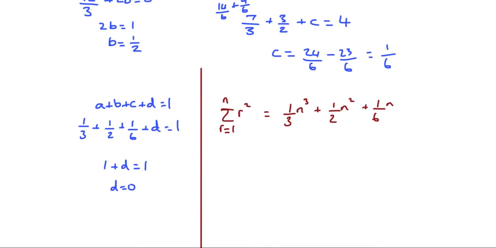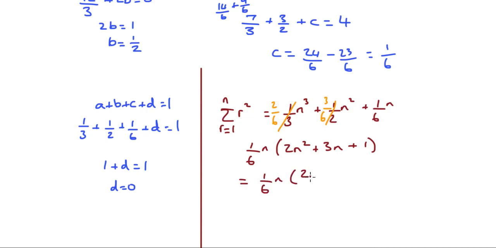I can change this to 2/6 and this to 3/6 so that I can take out a factor of a sixth n and get 2n squared plus 3n plus 1. This factorises as well. So that's my final simplification.